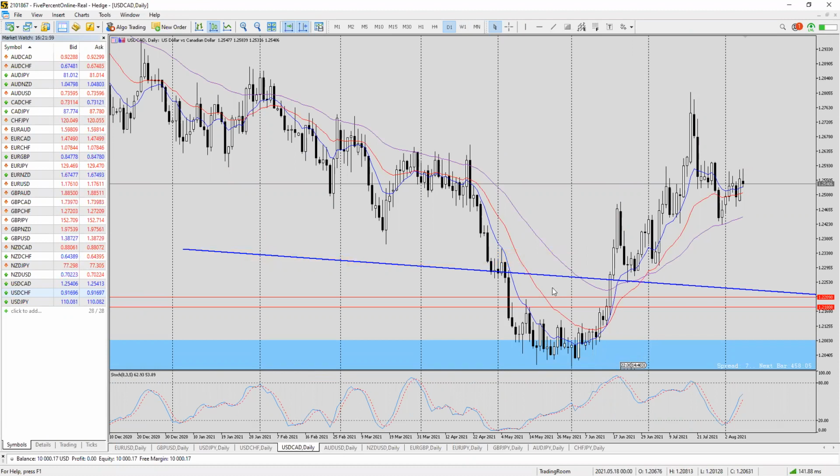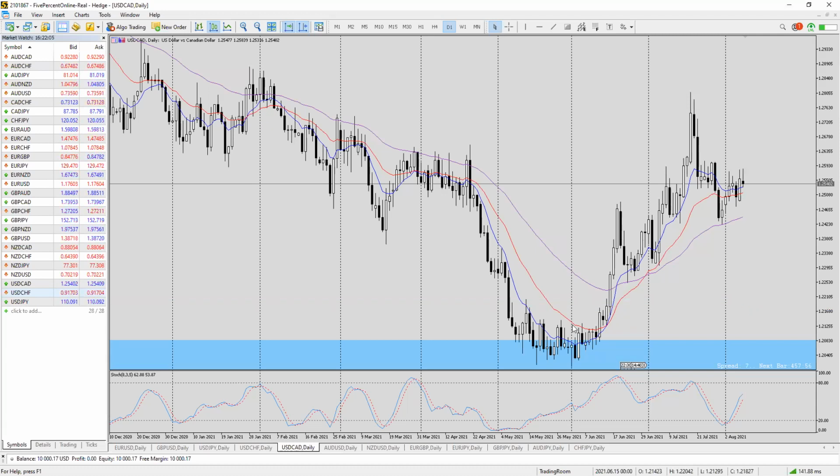And then it started moving up, sort of like a rounding formation from the demand zone, and went all the way above the moving averages, came back to retest the moving averages. I spoke about it on one of the webinars.